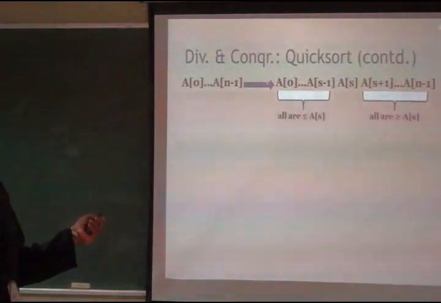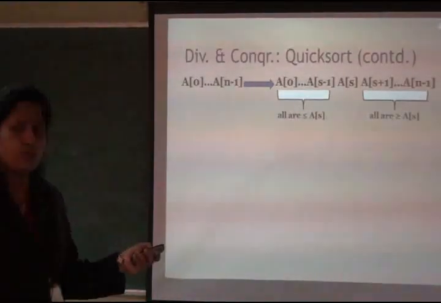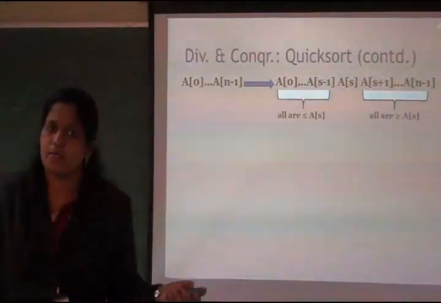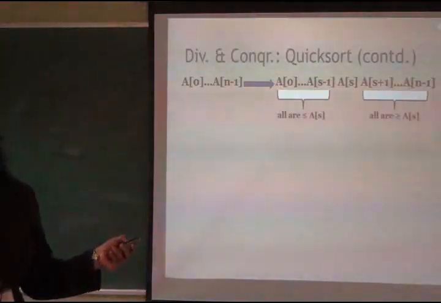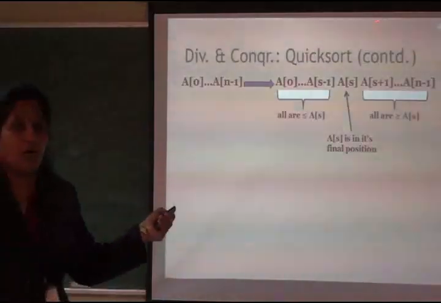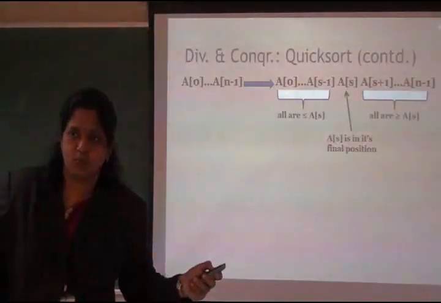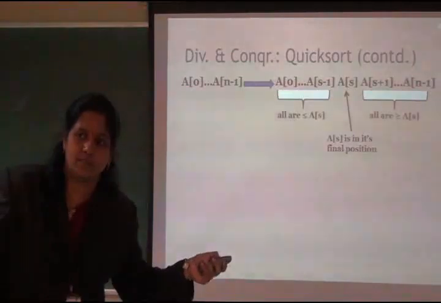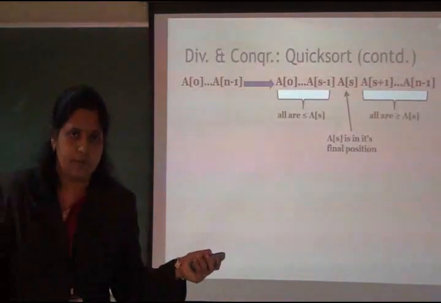See, in quicksort, suppose there is an array. In the beginning itself it is divided into two arrays, and the middle element is called the pivot element. A of S is the pivot element. As usual, the left side has lesser elements and the right side has greater elements than A of S. All the operations happen based on the pivot element, its location and value, mainly its position, which determines the number of comparisons and time complexity.